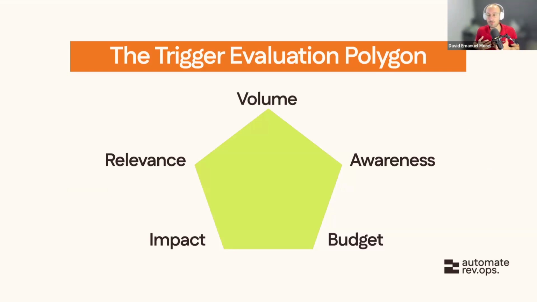For instance, as I mentioned before, job posting is a high volume trigger because if you monitor a big place like all the states or all the world, you'll probably see a lot of new job posts every day. So that will give you more leads, more opportunities.